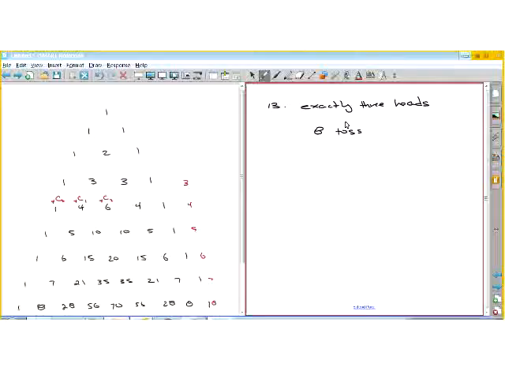But why is that relative to coin tosses? I'm going to stop and just think about this for a second so I give it a good explanation.